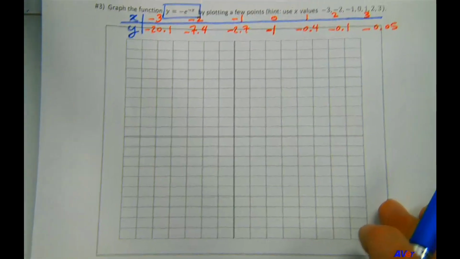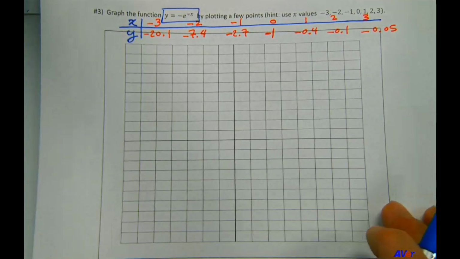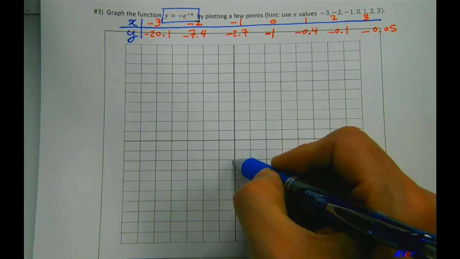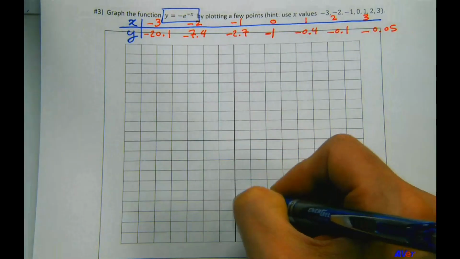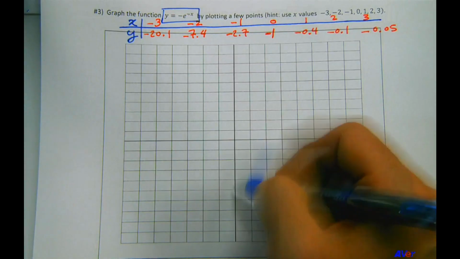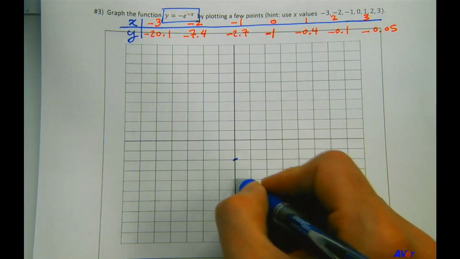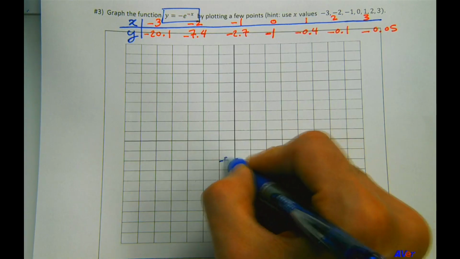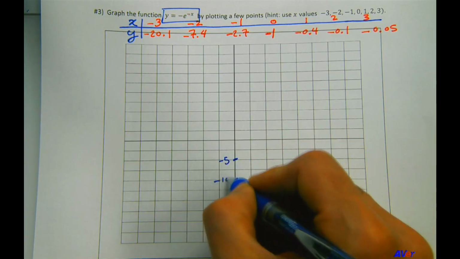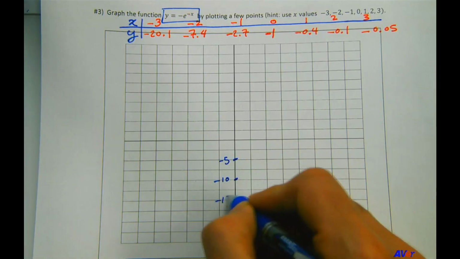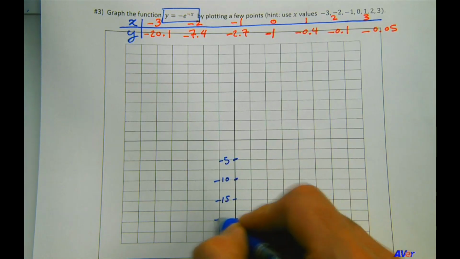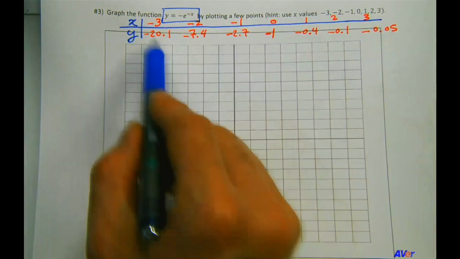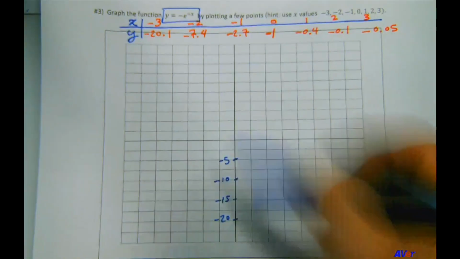Let me move this up so you can see everything. So minus 20 would be way out here. So let me see, 5, 10, 15, 20. Yes, if I increment every 5, this will be minus 5, minus 10, minus 15, and minus 20. That's along the y-axis. That's the farthest point we have.